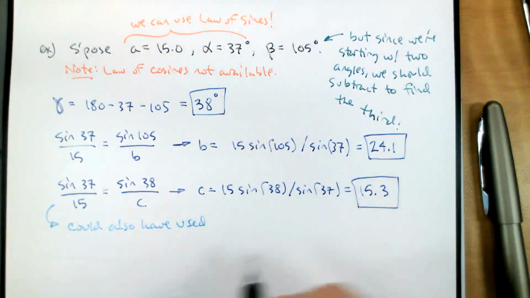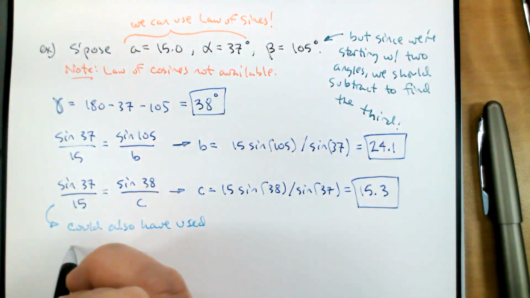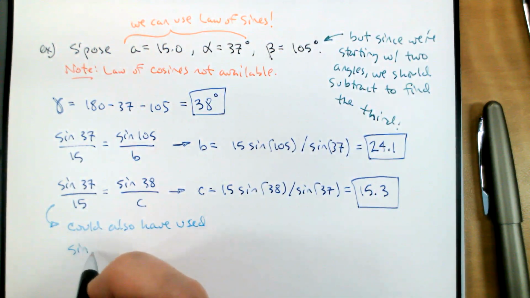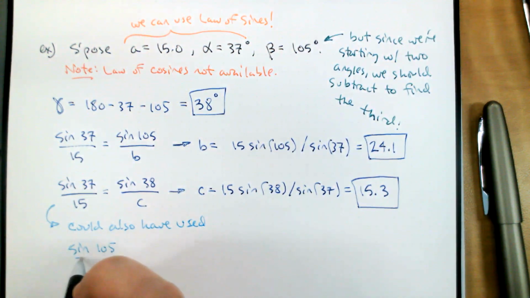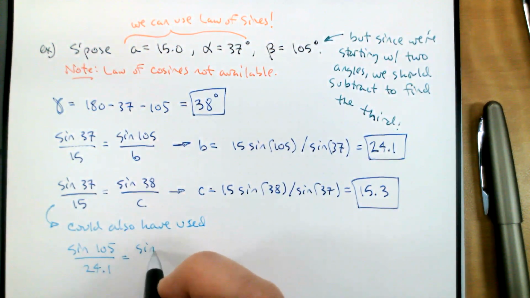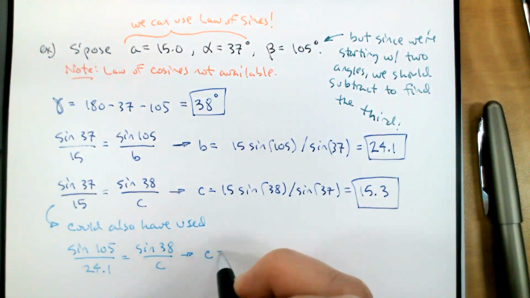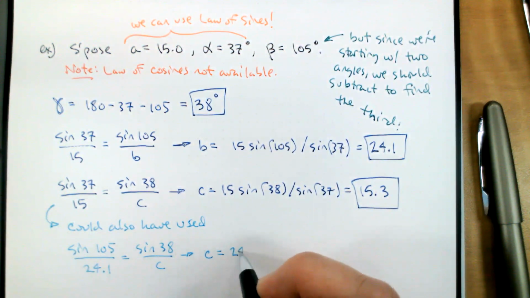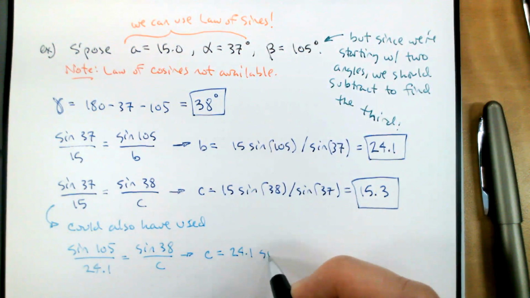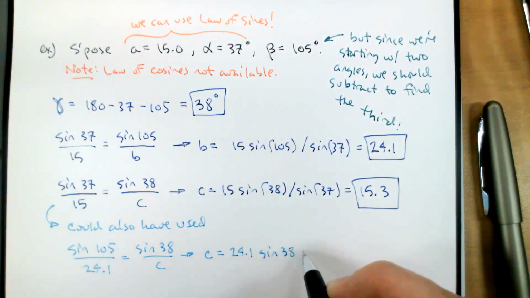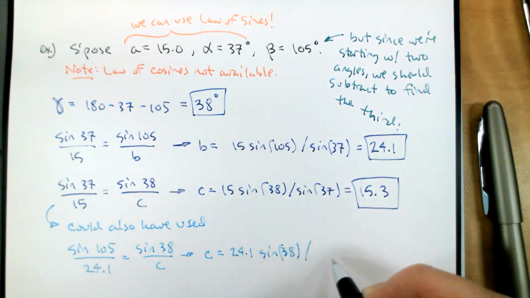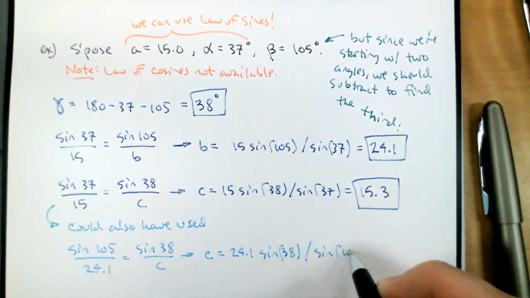we'll point out that we could have also used the sine of 105 over 24.1 is equal to the sine of 38 over C. So C will be 24.1 times the sine of 38 divided by the sine of 105.